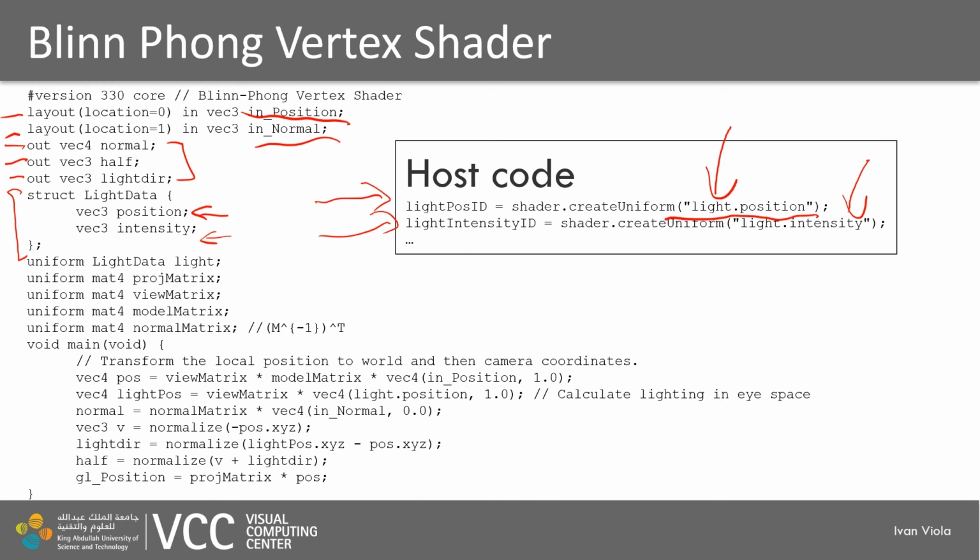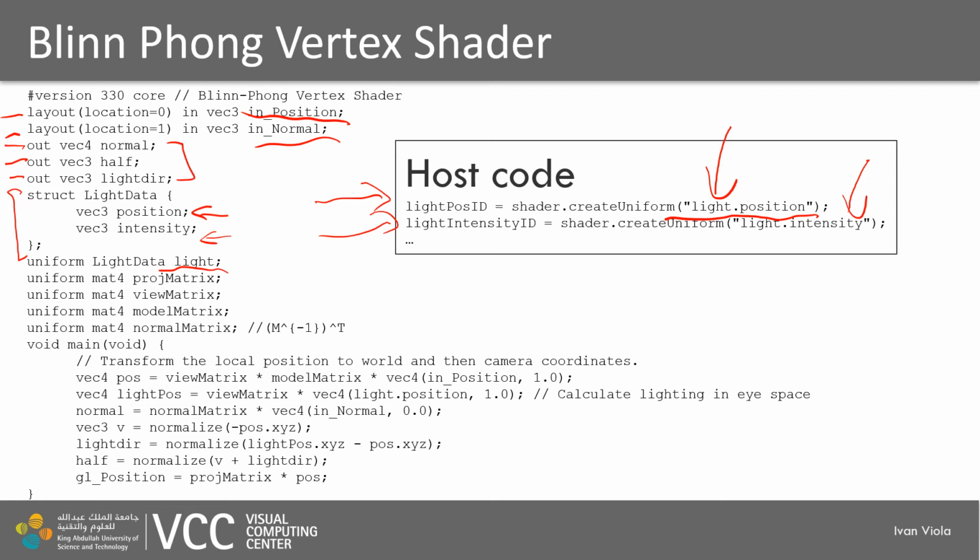So we have the variable here, our uniform, so that we can change the position of the light at every frame, and also its intensity if we like to.